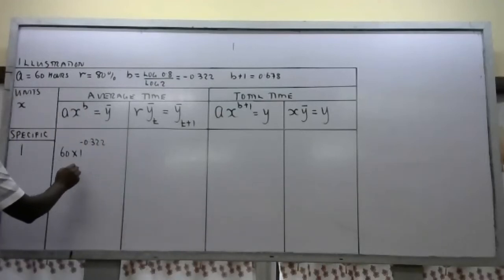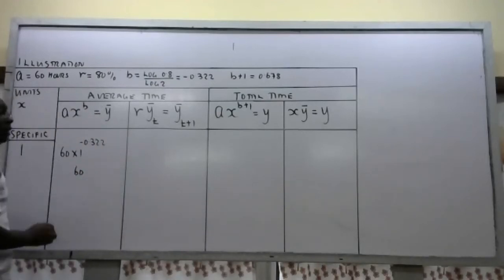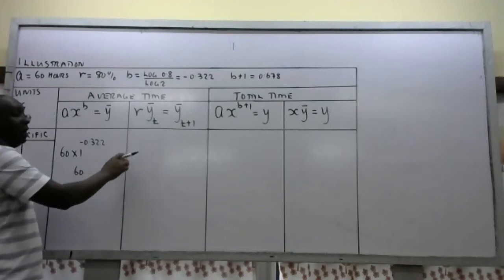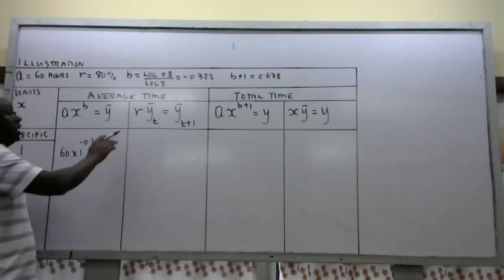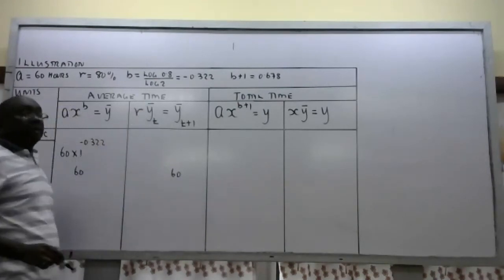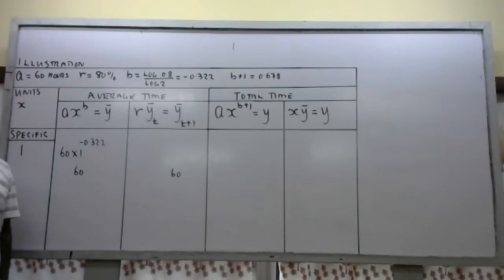The answer is 60. Yeah? Then for this one, this formula, for the first unit, you just take A. So you just write 60, the way it is. So that one has no working for the first unit.